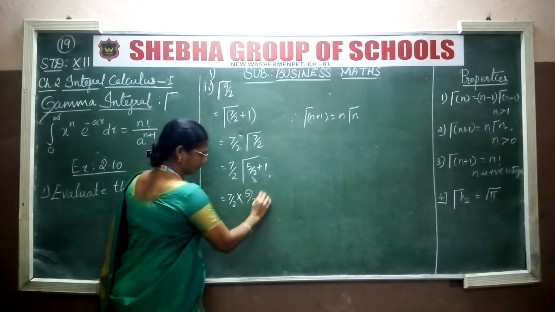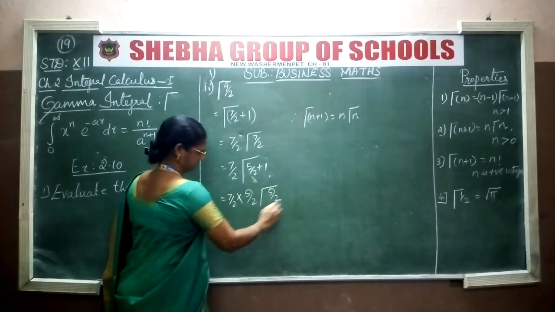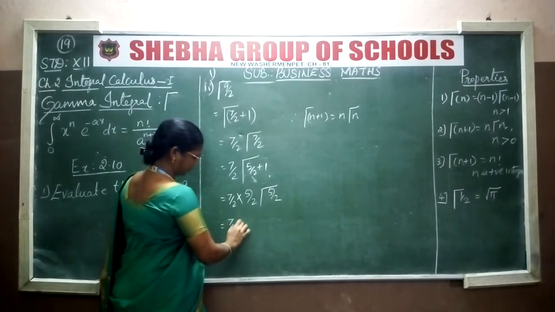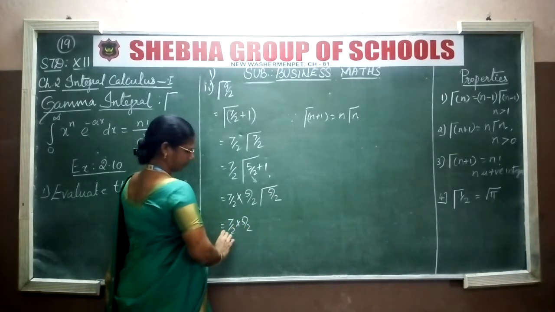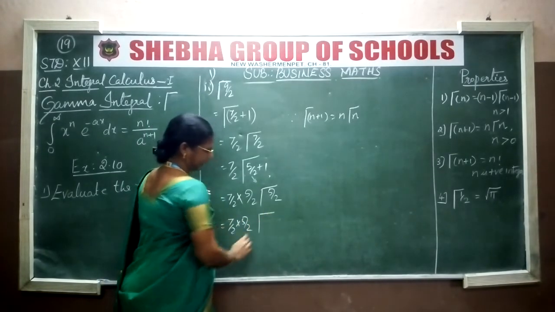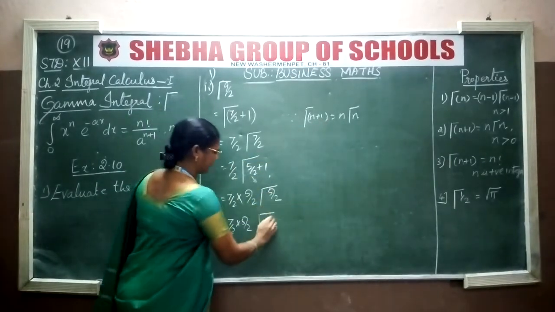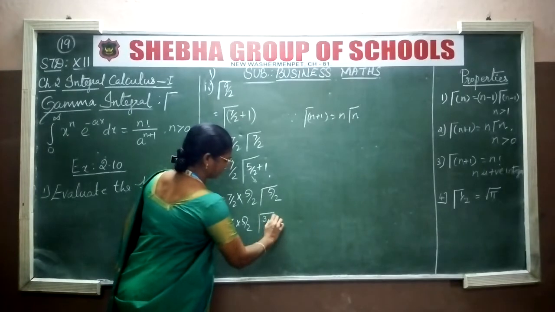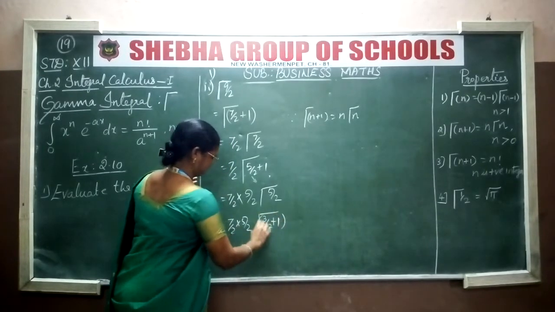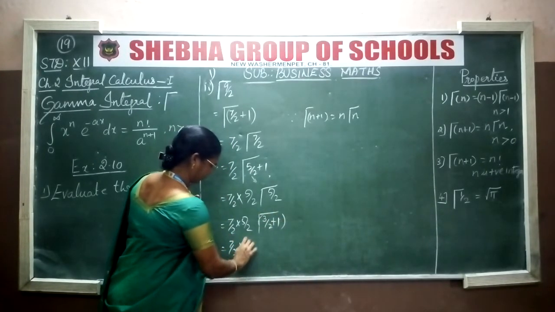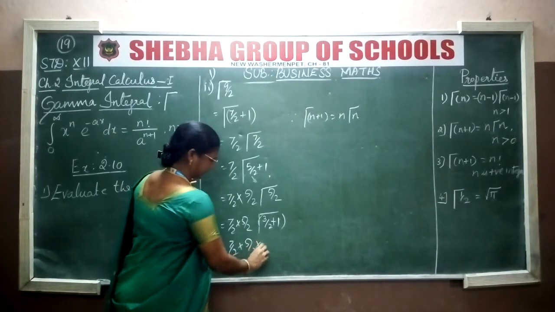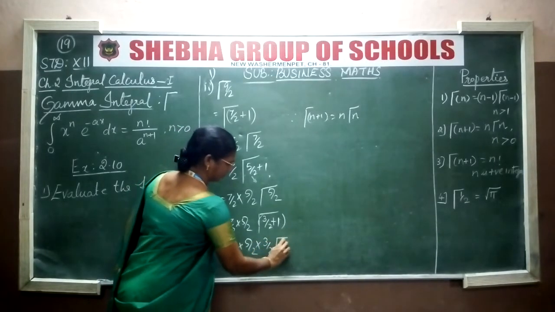So 5 by 2 into gamma 5 by 2 is equal to 7 by 2 into 5 by 2 into, again we write 5 by 2 in the form of n plus 1. So we write 5 by 2 as 3 by 2 plus 1. So it is equal to 7 by 2 into 5 by 2 into 3 by 2 into gamma 3 by 2.